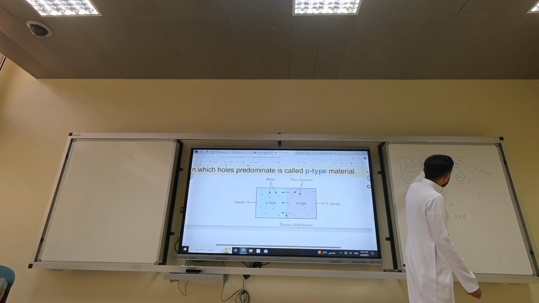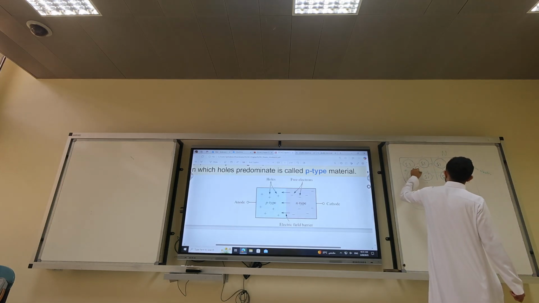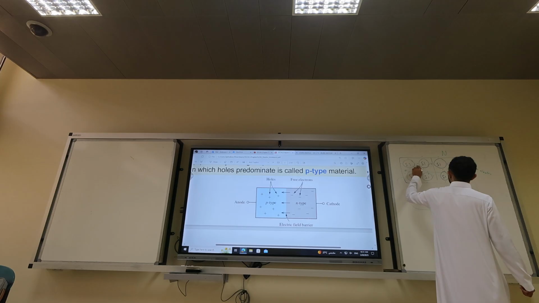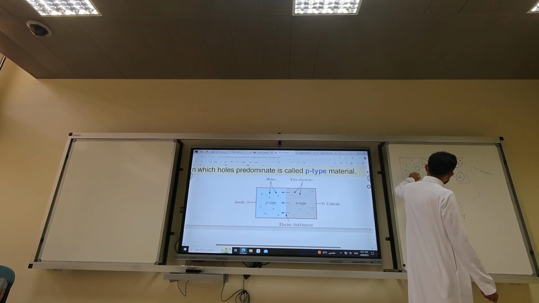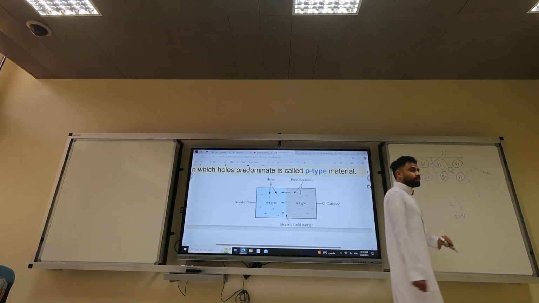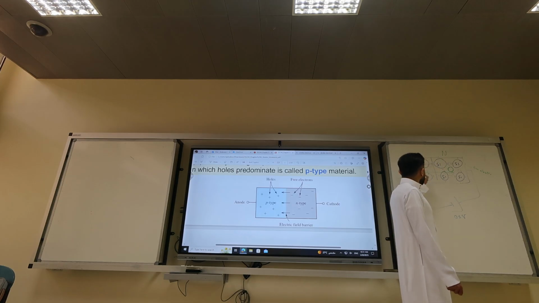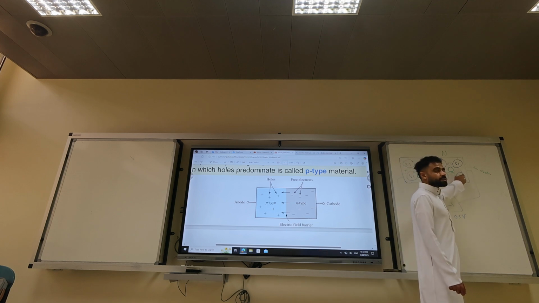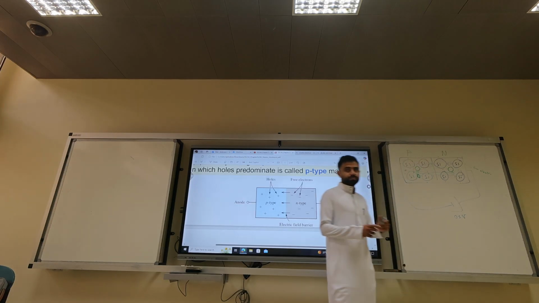This side, where it has free electrons, we call N. And here we put other impurities that have only 3. So basically, one electron is missing. It means there is a hole here, a positive charge that is free, that will move toward the negative direction. And this is what we call the P side.